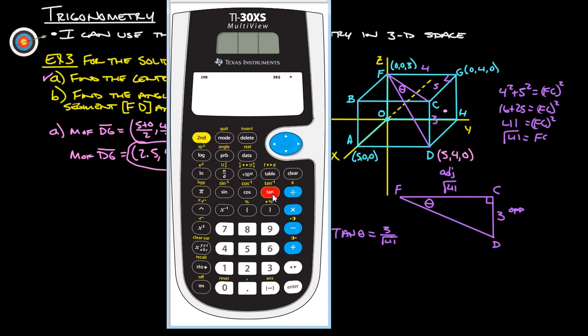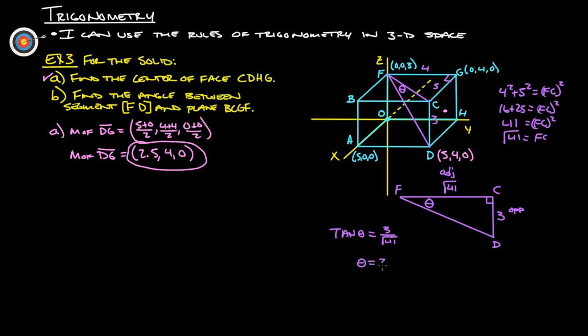So we do second tangent of 3 divided by square root of 41. And we get a syntax error, of course. Let's clear. I've got to get rid of that, and then we should be good. 25.1. So our angle is going to be 25.1 degrees for this angle right here.